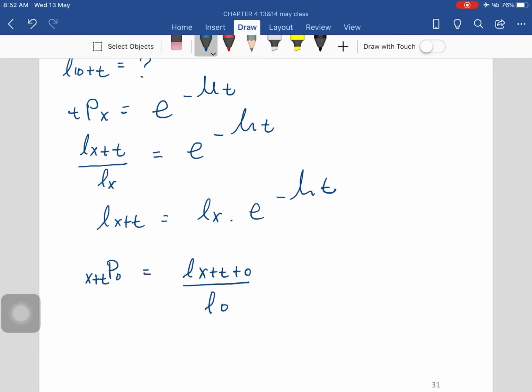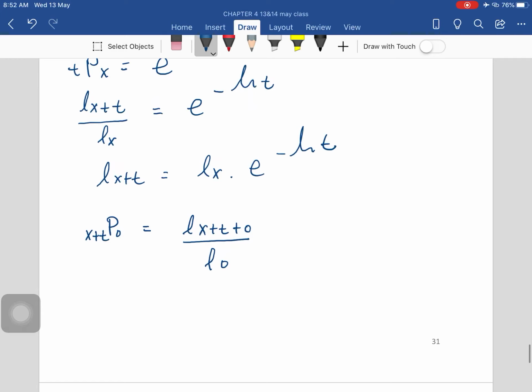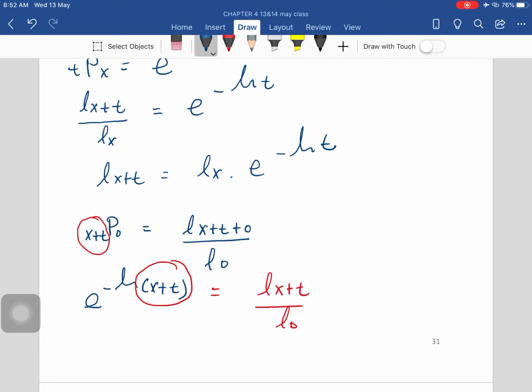So E negative mu times x plus t, since here is x plus t, is equal to Lx plus t over L0.